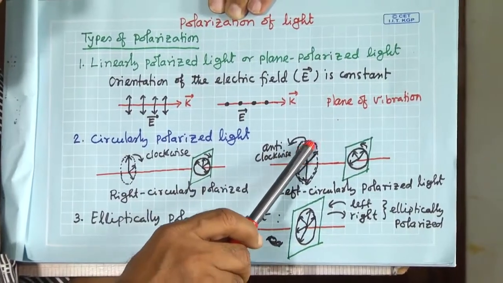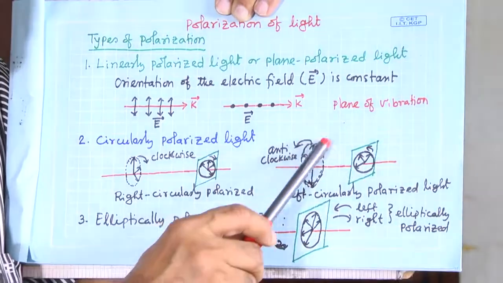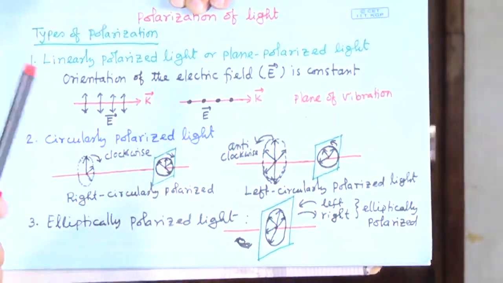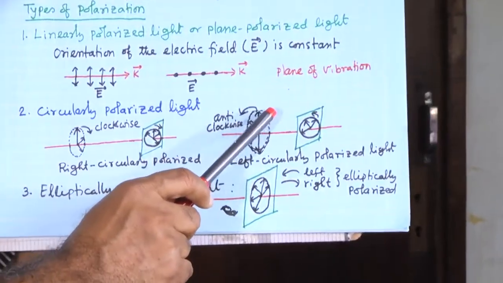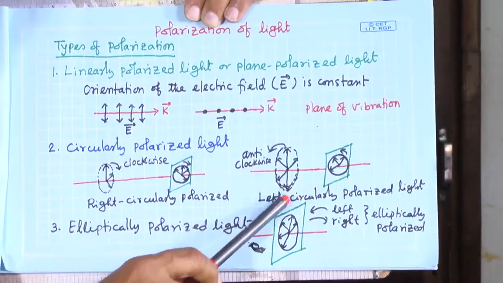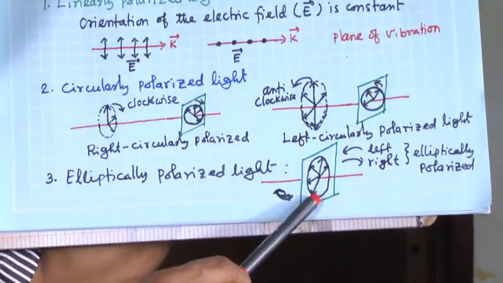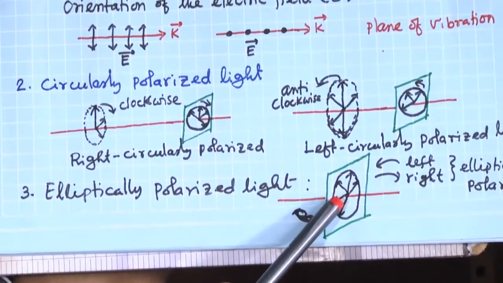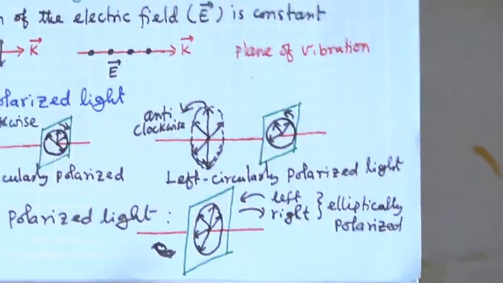If the tip of the electric vector rotates on an ellipse, then we say that this is elliptically polarized light.